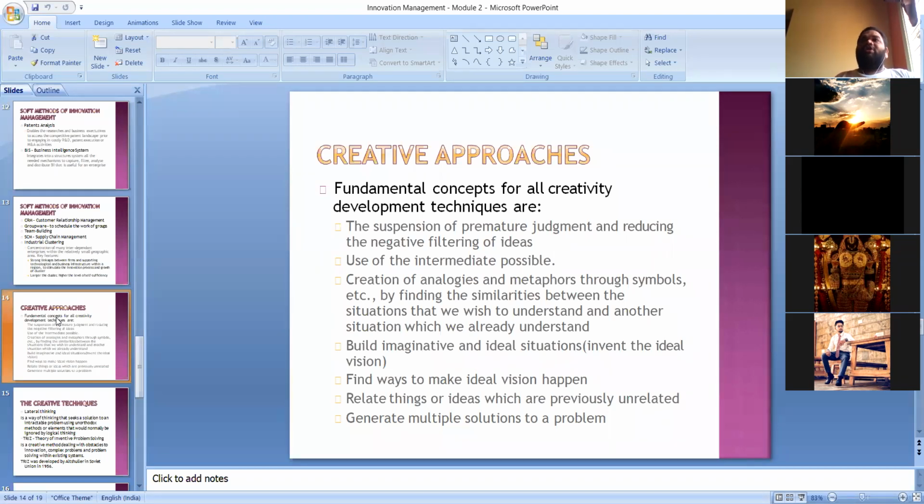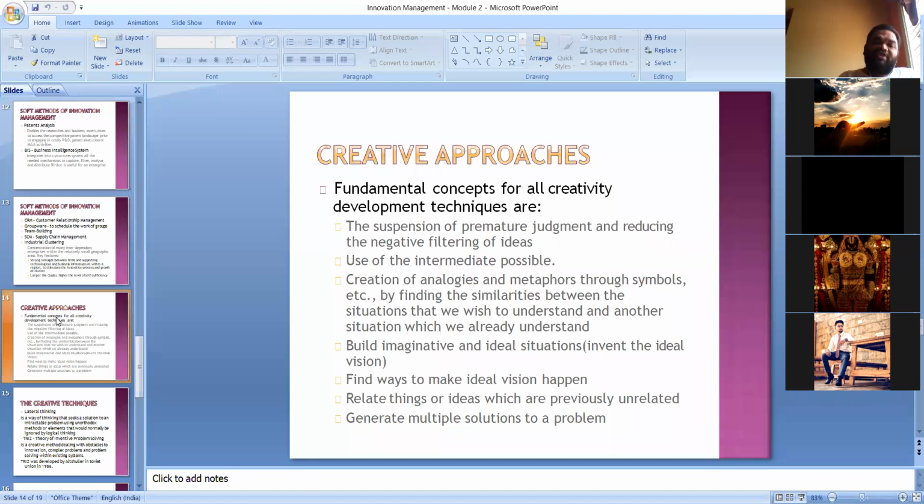Not only creating them, we have to find the way to make it happen. Whatever ideas and imaginations you have, you have to compare with the other ideas built, so that we can generate multiple solutions to a problem. These are the fundamental concepts, the basic concepts of all the creative development techniques.